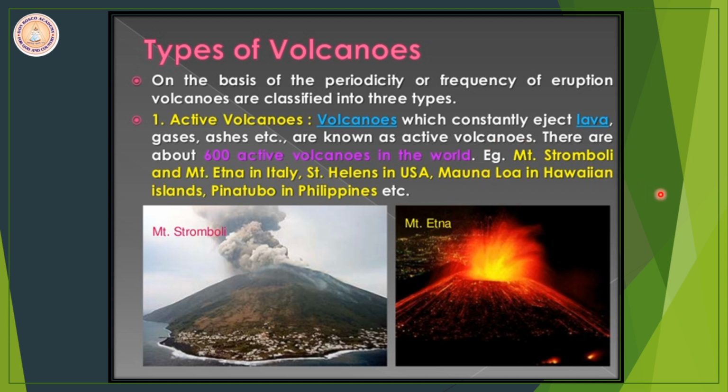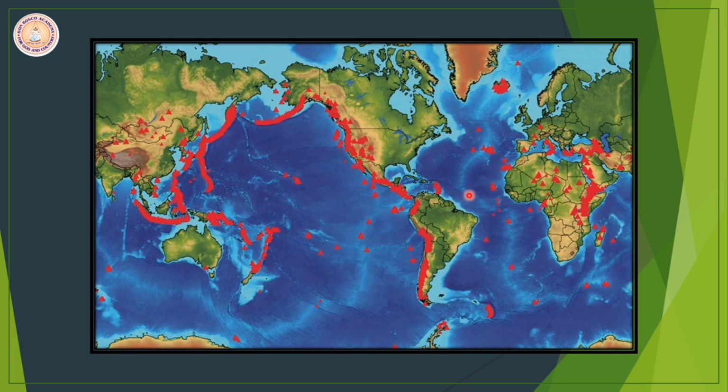Mount Stromboli and Etna in Italy are famous volcanoes which are found over here in this part of the earth. Then we have Mauna Loa in the Hawaiian Islands, some of the active volcanoes in the world.